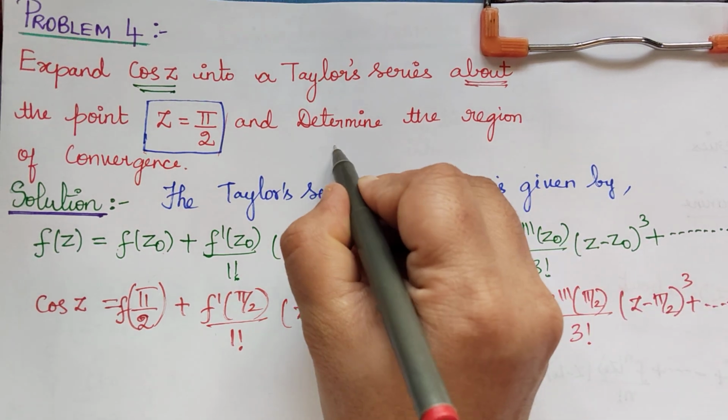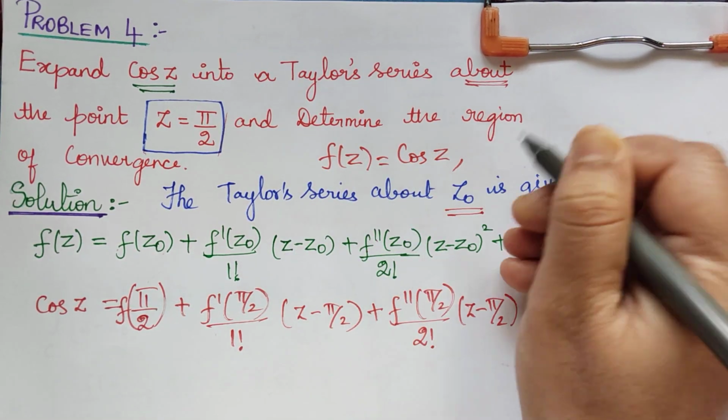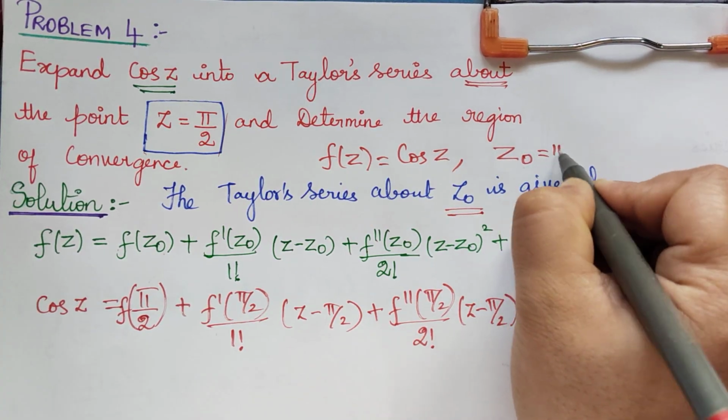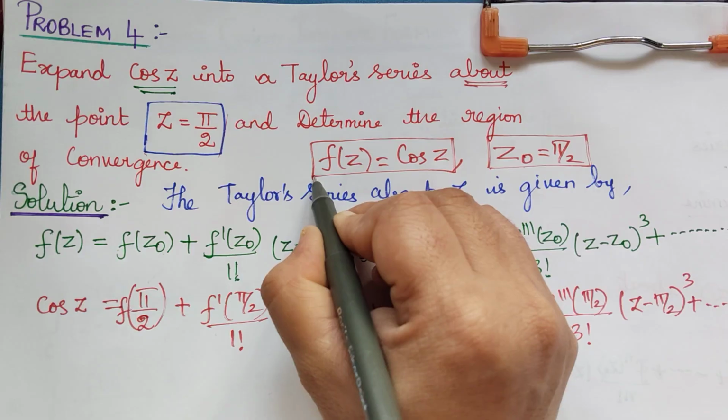We wrote this because the function f of z is cos z and the point z naught is pi by 2. So having this, we have written the Taylor series expansion.